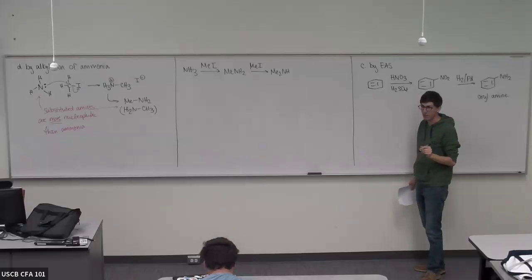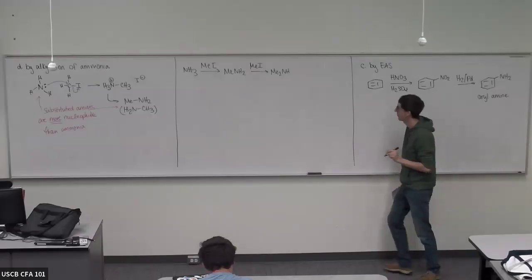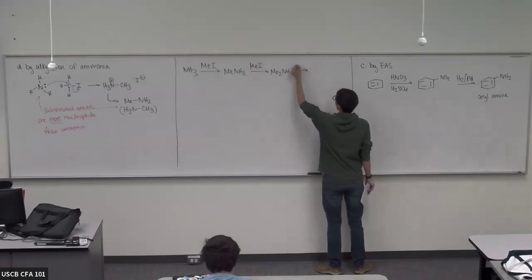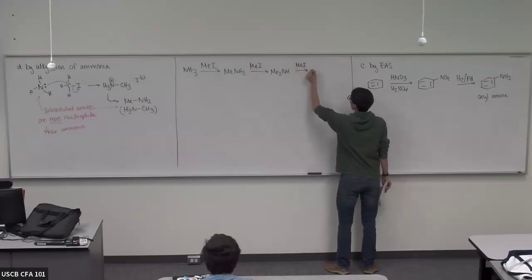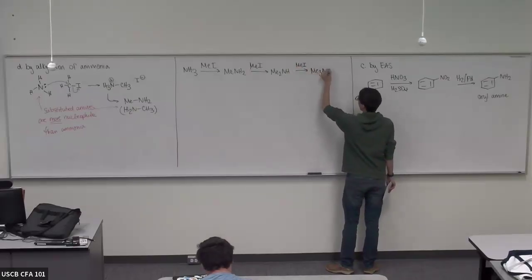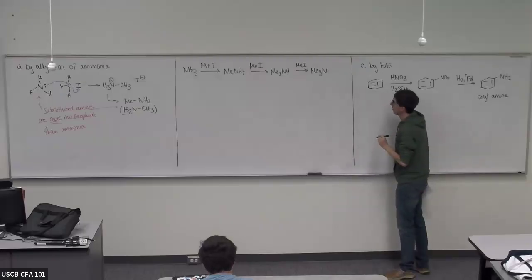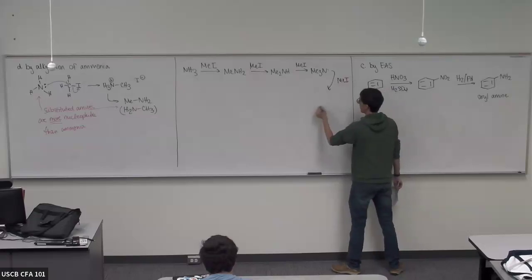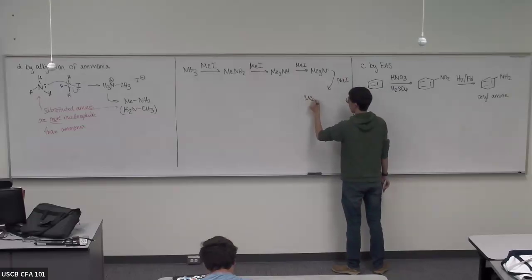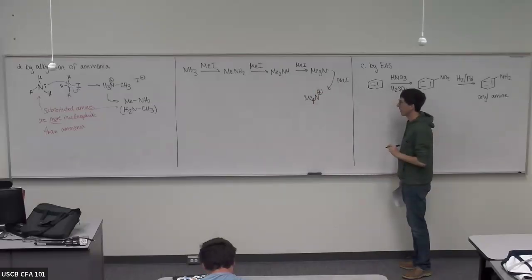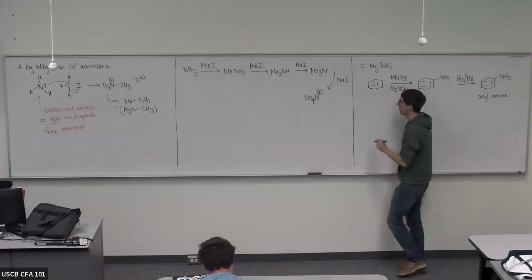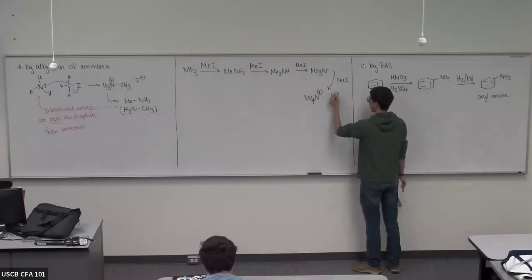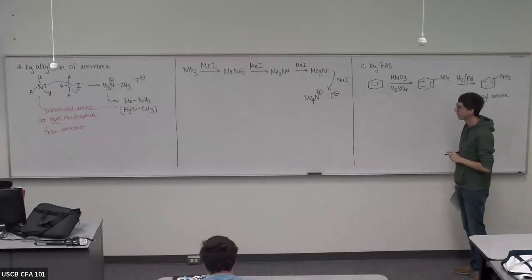And guess what? Dimethylamine is an even stronger nucleophile than methylamine. See where this is going? And then it actually happens again, to the point where we get tetramethyl ammonium. And then the counter ion is iodide.